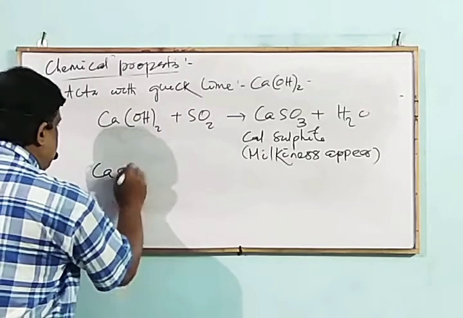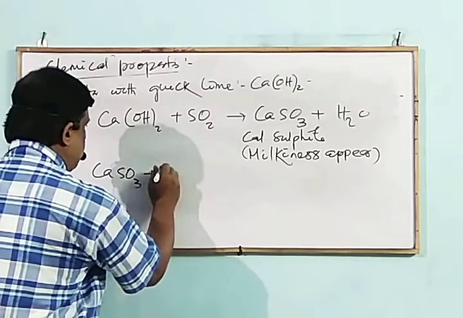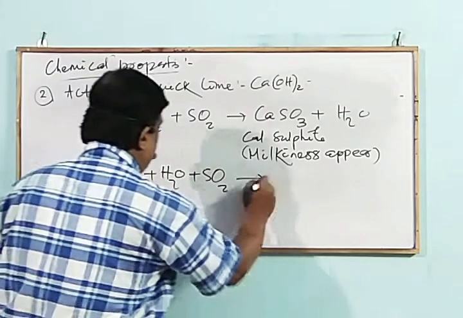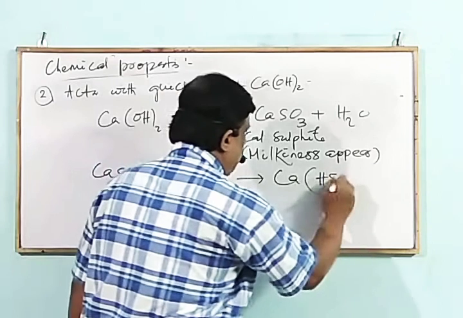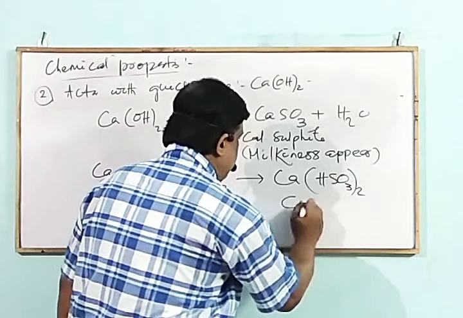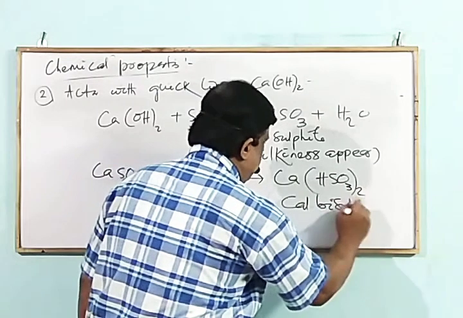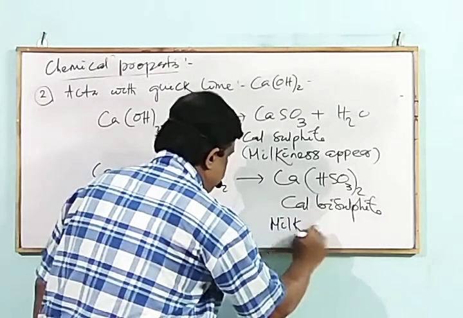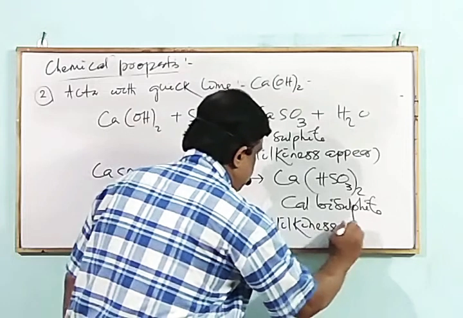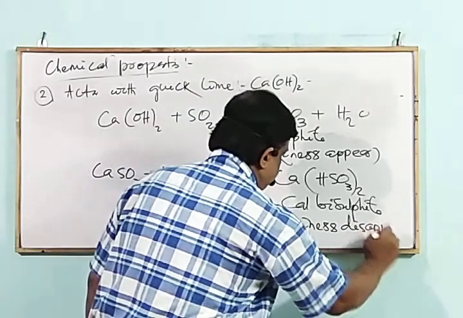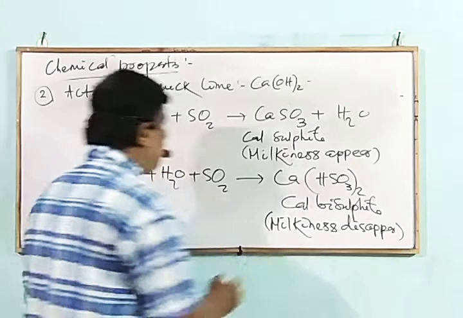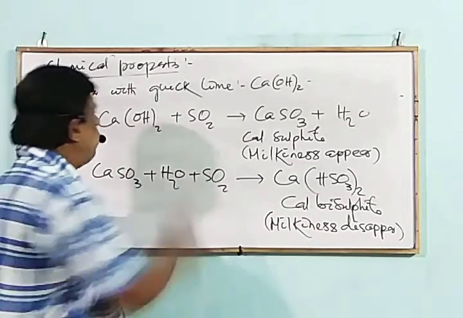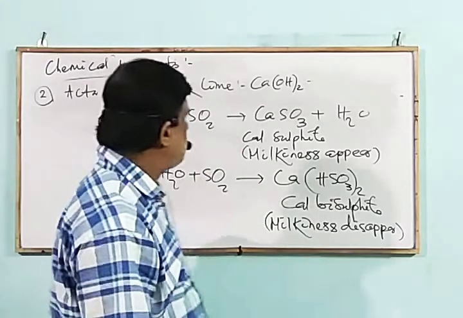But if SO2 gas passes through for a long time, it results in the formation of calcium bisulfite, a soluble salt, so the milkiness disappears. Very important to our question. What happened when SO2 gas passes through lime water?